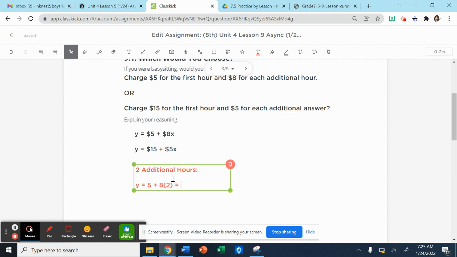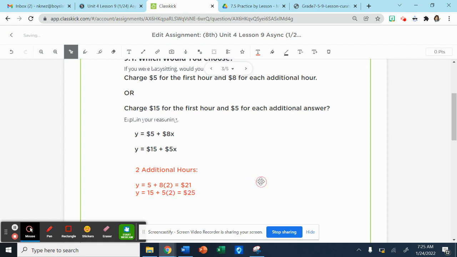And so you'll end up getting $21. In the second situation, you would be charging $15 for the first hour, and then an additional $5 for each of those 2 hours. So you're going to charge $25.